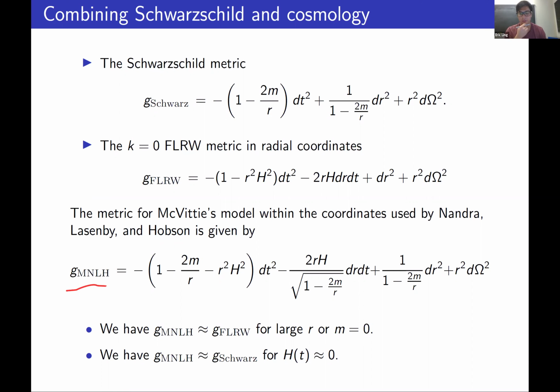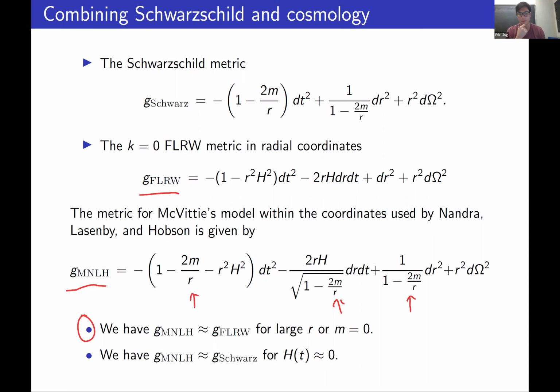That is, for large R or for M equals 0, you get back the FLRW spacetime. So if you took R to be very large, then this term dies, and these all become 1, and so you get back precisely this metric here.